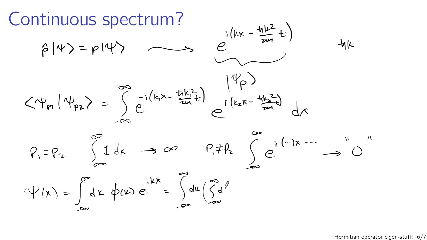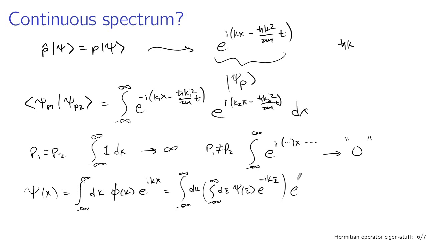This time it was an integral dx, but let's not leave it as an integral dx because I've got x in this expression as well. Let's use a dummy variable, my usual squiggle, xi. Integral dxi of psi of xi e to the minus i k xi. That was our definition of phi sub k.